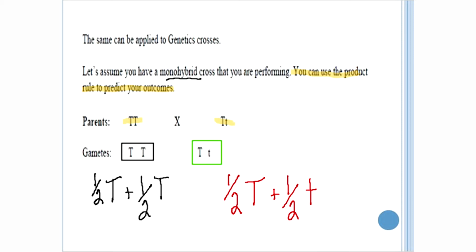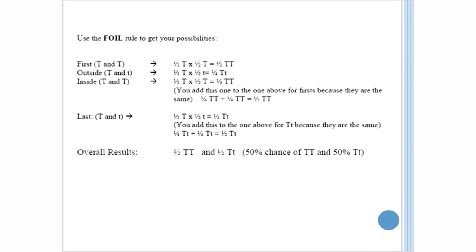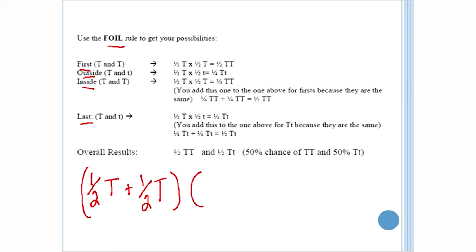By multiplying things through, we can predict the genetic outcomes. We can use the FOIL rule: first, outside, inside, last. Or 1/2 big T plus 1/2 big T multiplied by 1/2 big T plus 1/2 little t.